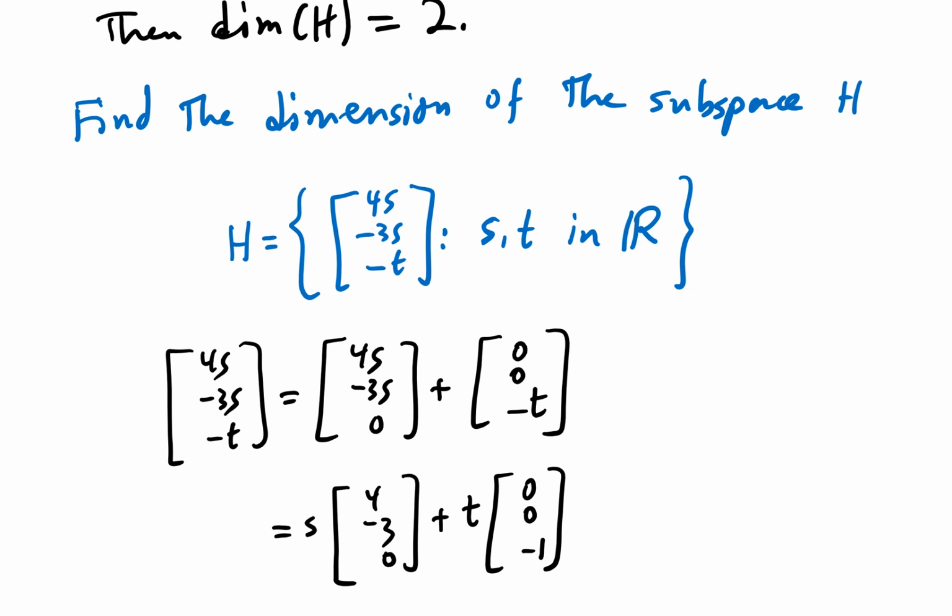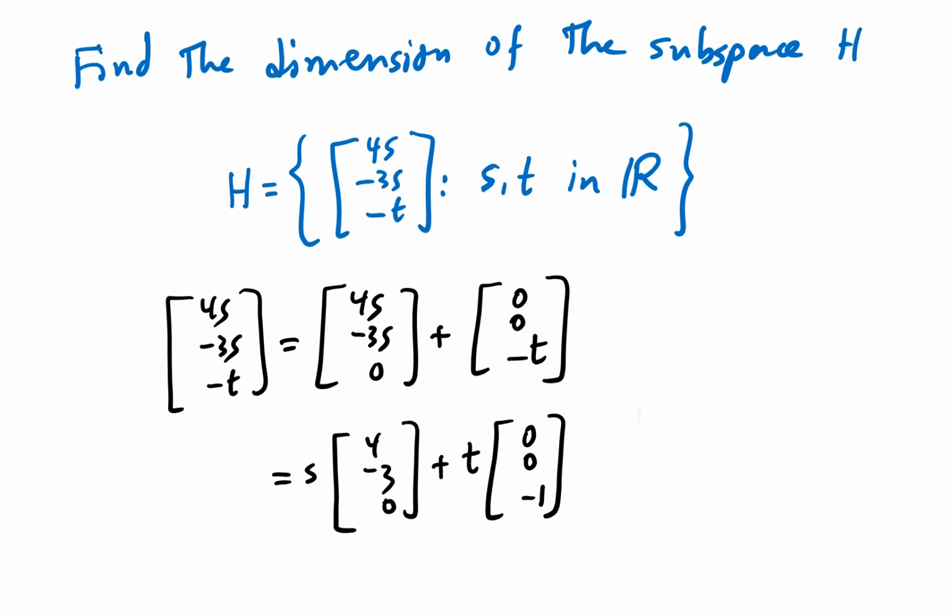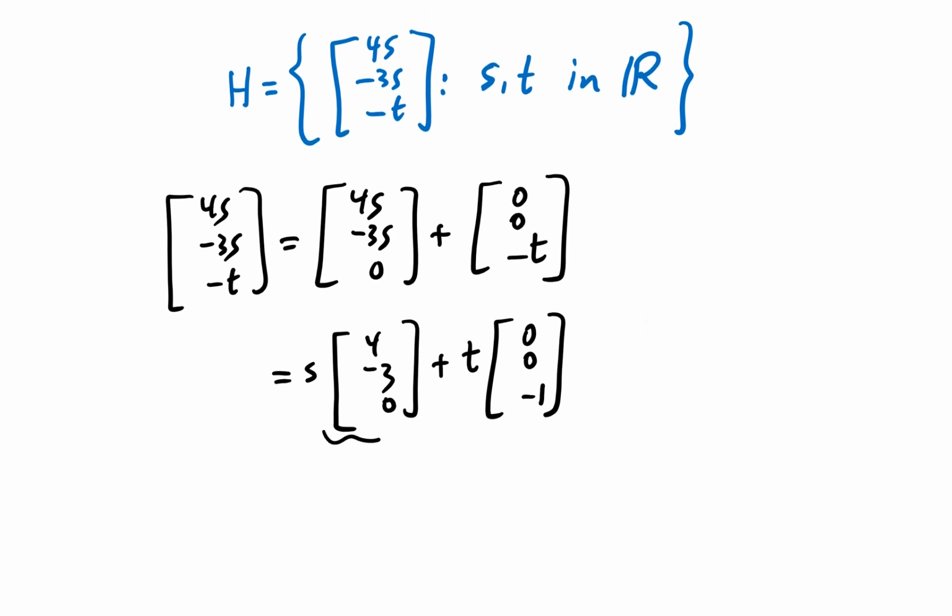Now we look at these 2 vectors. We let this be v1, this be v2. By inspection, are they multiples of each other? No. So we say v1, v2 are linearly independent, a set of linearly independent vectors.